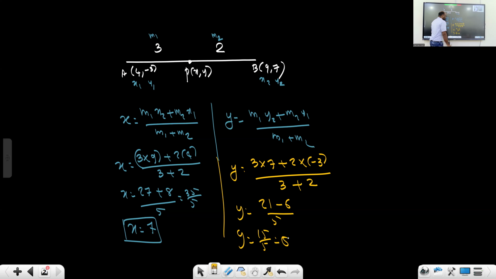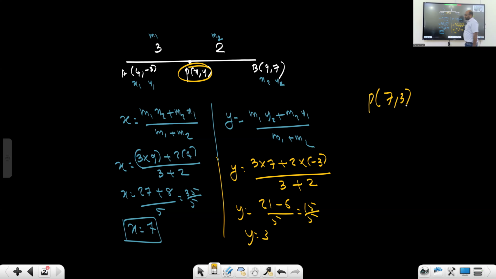How much? 3. So y equals 3. So we got the x value and y value combined together. Therefore, P (7, 3) is the point of division.